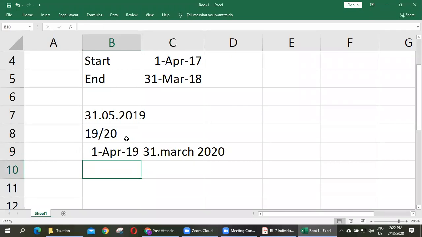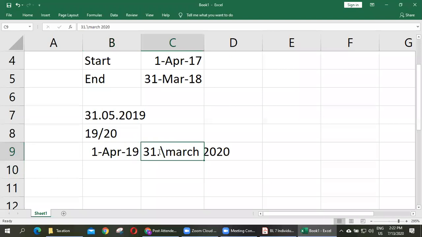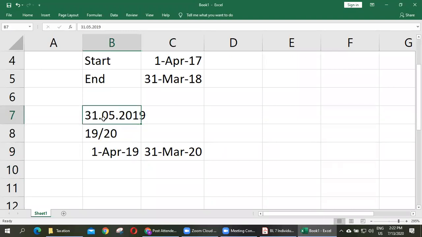So this date comes in between these two dates, therefore it falls in 1920.